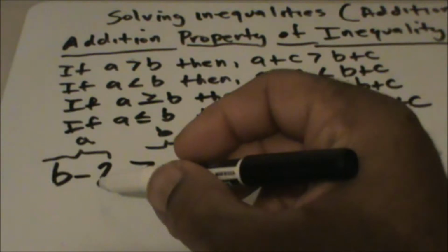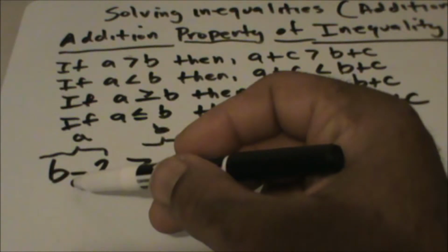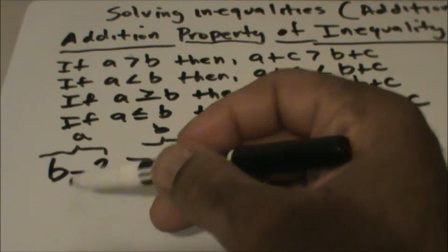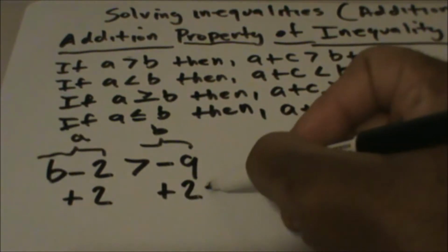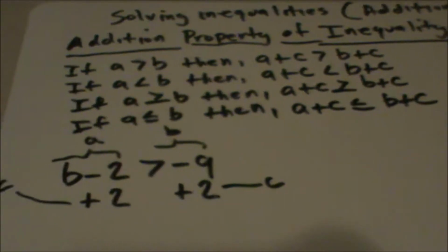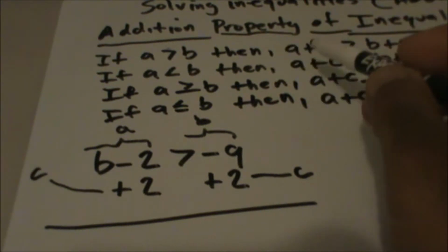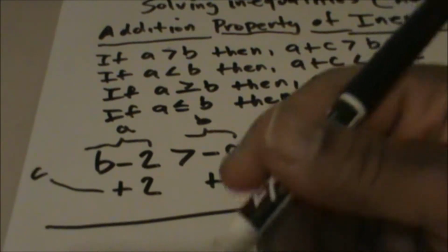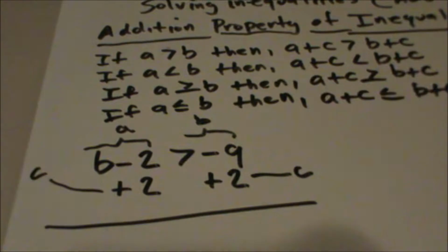Now, when we use the addition property, we're adding an equal quantity of opposite sign on both sides. This becomes your C. So you're actually adding an equal quantity to both sides of the original inequality.